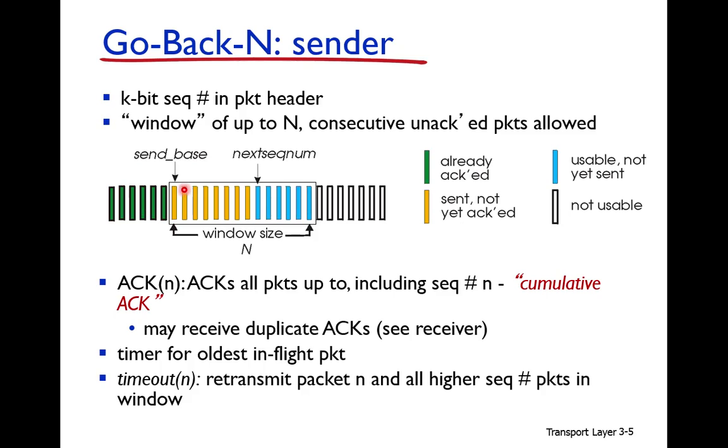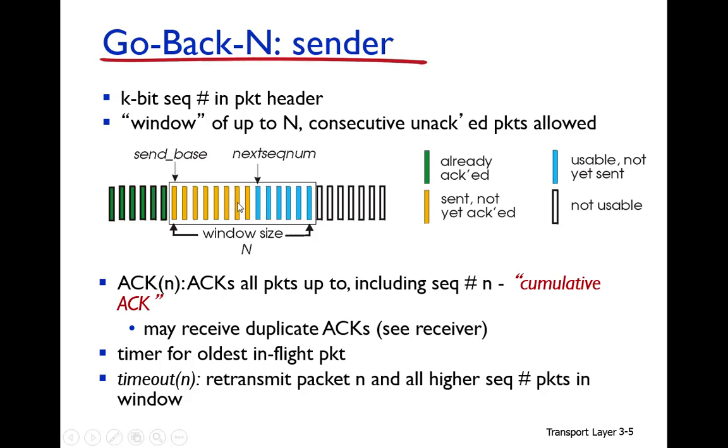The send base indicates the first, the oldest packet that is sent by the sender and whose acknowledgement is not received. These yellow packets are sent and not yet acknowledged. What does it mean? That these packets are sent by the sender, but the sender has not received their acknowledgement, so they are in transit.